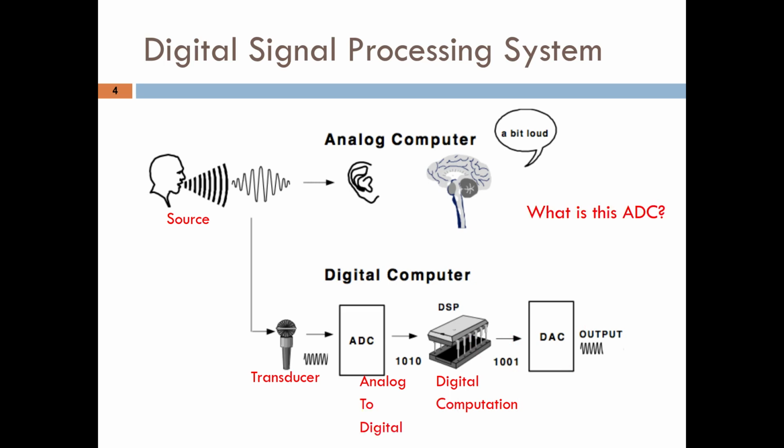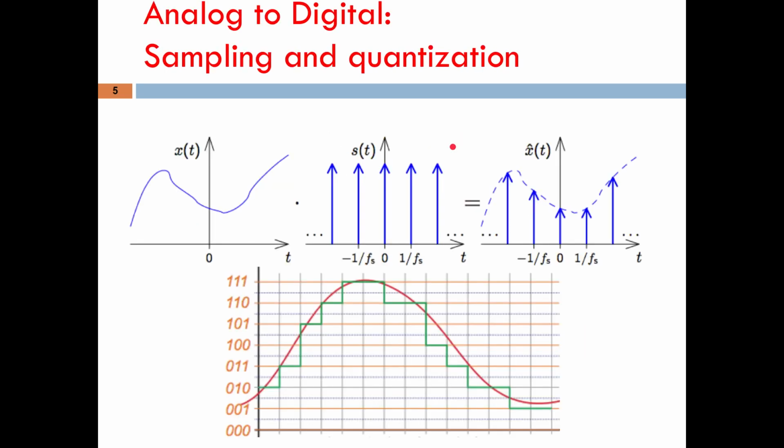Right, so let's get into what exactly is an ADC. The main processes of an ADC include sampling and quantization. So what's sampling? Sampling is reduction of a continuous time signal to a discrete time signal. This is usually done using an impulse train.